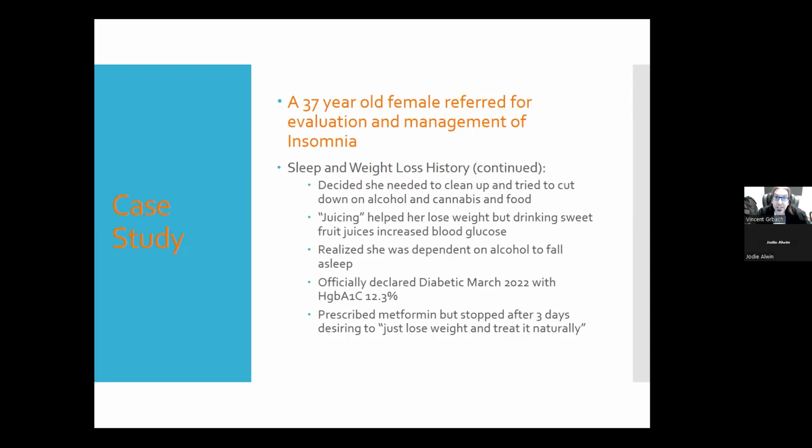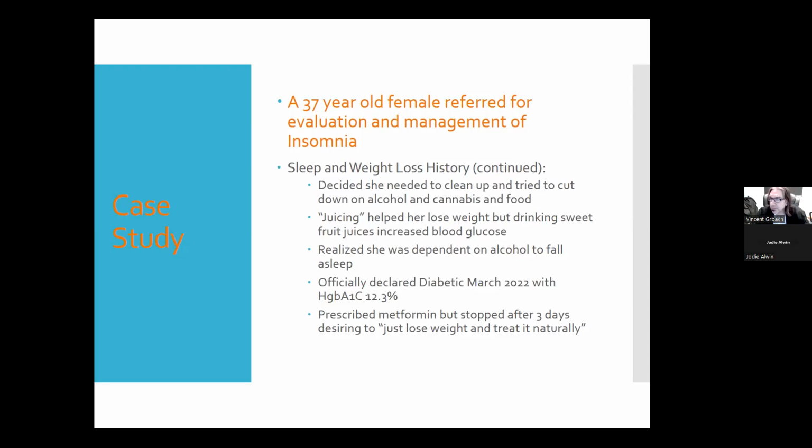She decided that she needed to clean up her act, and so she tried to cut down on alcohol and cannabis and food, and she started juicing. But the problem with juicing is she didn't realize the amount of calories and sugar that she was consuming with her juicing. She started to have increases in her blood glucose, which she didn't have before when she was heavier.